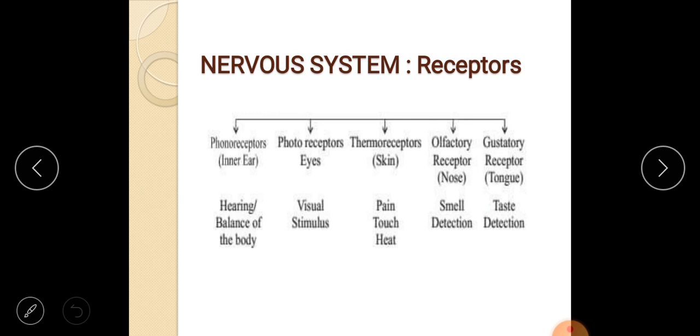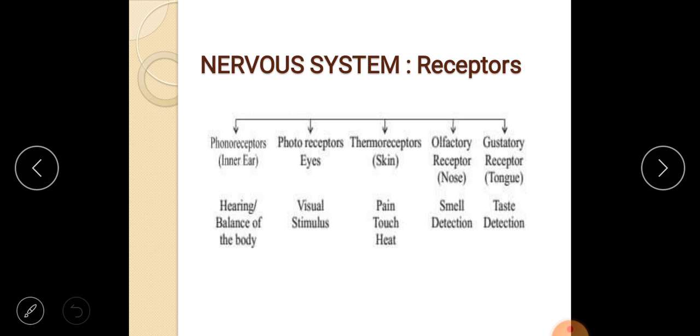Our nervous system also consists of 5 sense organs. These sense organs are the tongue, ears, eyes, nose, and the skin. All these 5 sense organs have receptors in them which receive the signals.